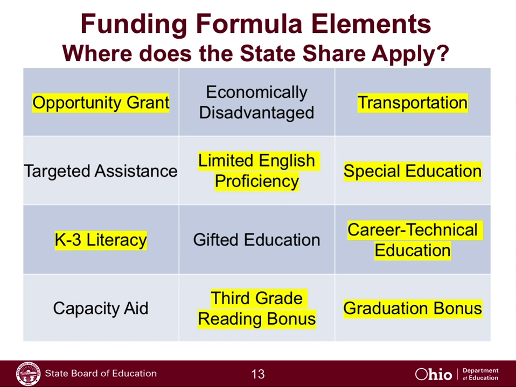On the other hand, things like targeted assistance and economically disadvantaged funding, the state share is not applied to those, in favor of the state providing the assistance relatively at full strength. And we'll describe some of those factors a little bit later in other parts of this presentation.